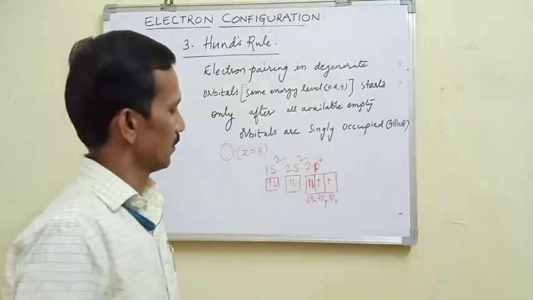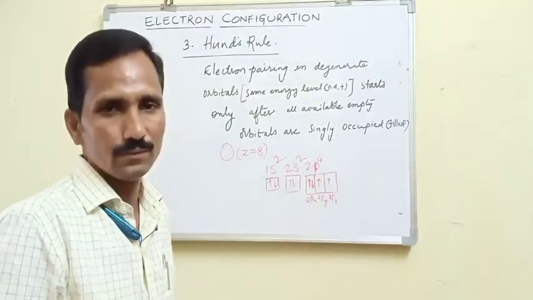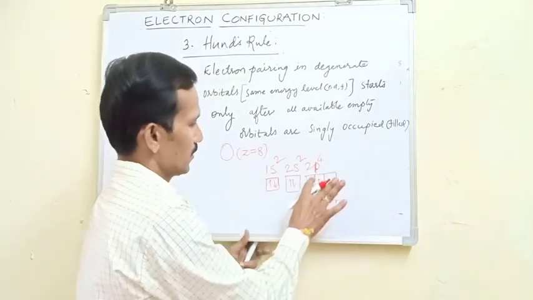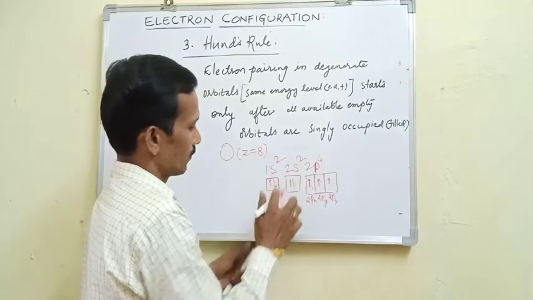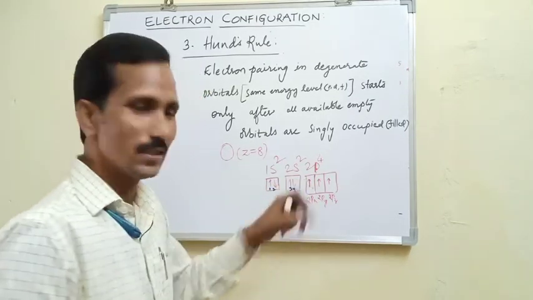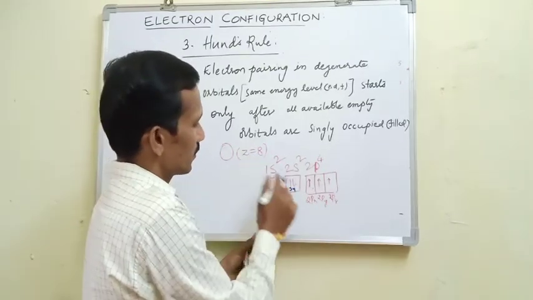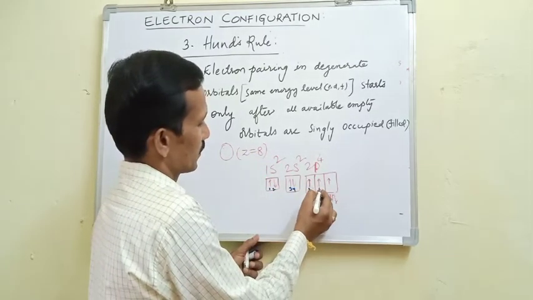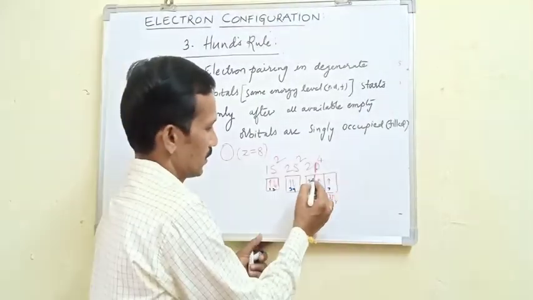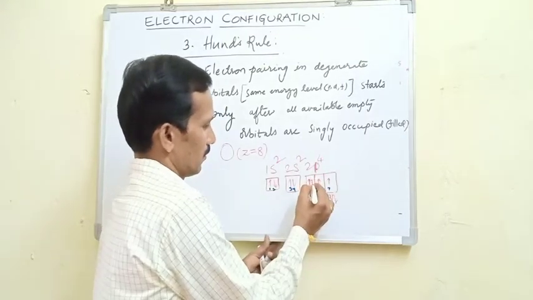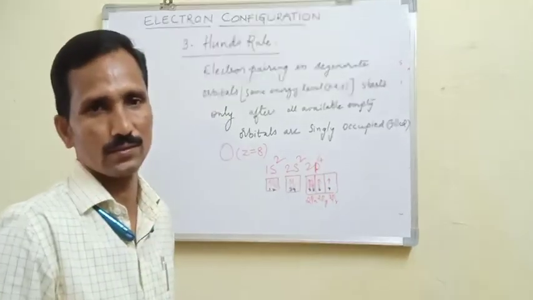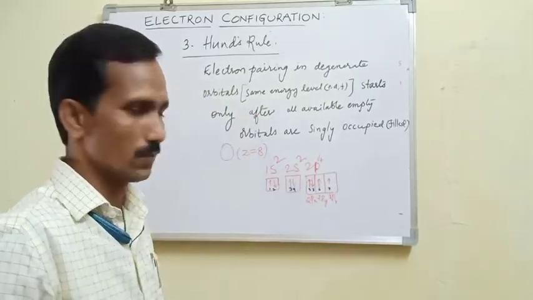This is the method of filling electrons in degenerate orbitals. Here, 1, 2, 3 directly. But for 8 electrons: 1, 2, 3, 4, then 5th, 6th, 7th electron. After filling these singly, the pairing will start, and the 8th electron pairs like this. So this is Hund's rule.